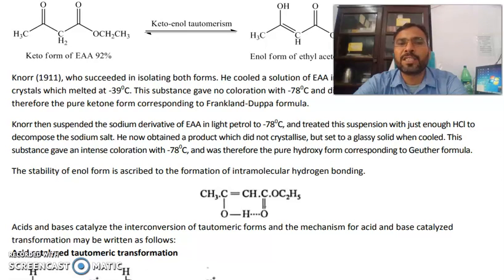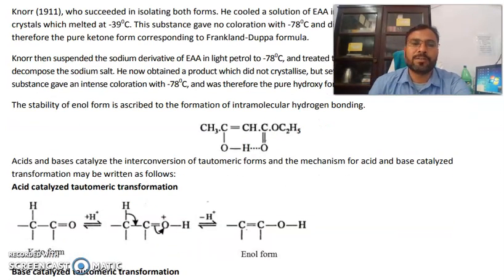He now obtained a product which did not crystallize but set to a glassy solid when cooled. This substance gave an intense coloration with ferric chloride and was therefore the pure hydroxy form corresponding to Geuther's formula. The stability of the enol form is ascribed to the formation of an intramolecular hydrogen bond.